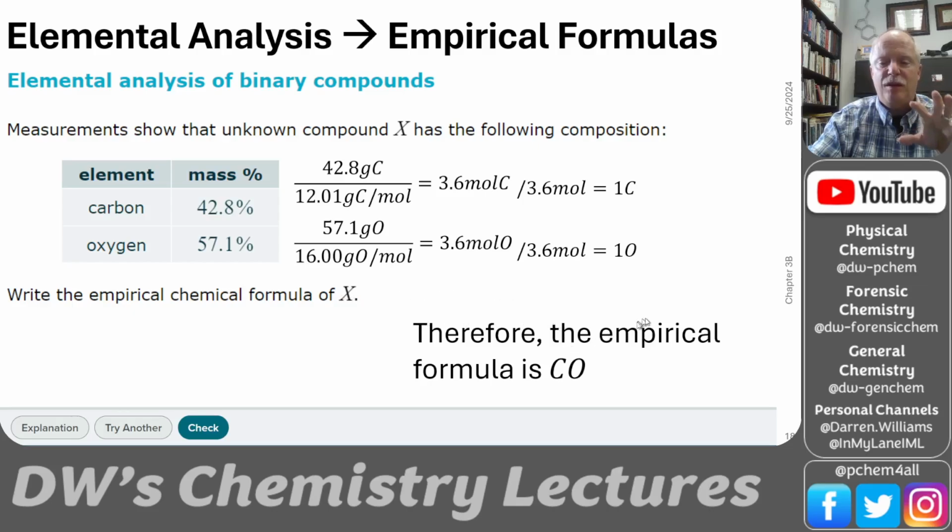This may have the empirical formula of CO, but it might be C2O2, kind of like hydrogen peroxide on the test. The empirical formula was OH or HO, but the molecule, hydrogen peroxide, is H2O2. So this molecule might be C2O2 or C3O3.